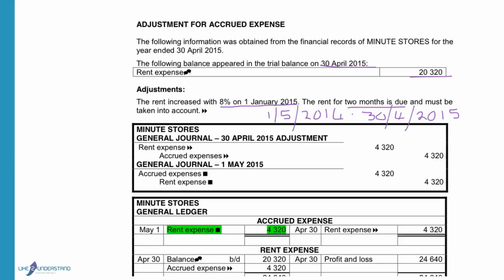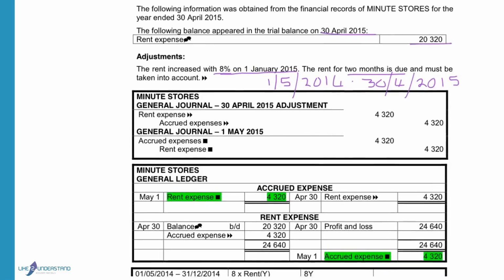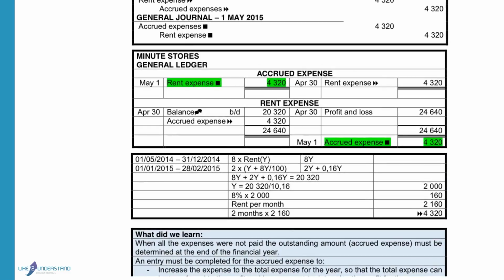Okay, so first of all, we have to do a calculation to determine what is the rent per month. Because they tell us that there's an increase of 8% on the 1st of January, we have to take the 8% increase into account. The financial year started on the 1st of May 2014.